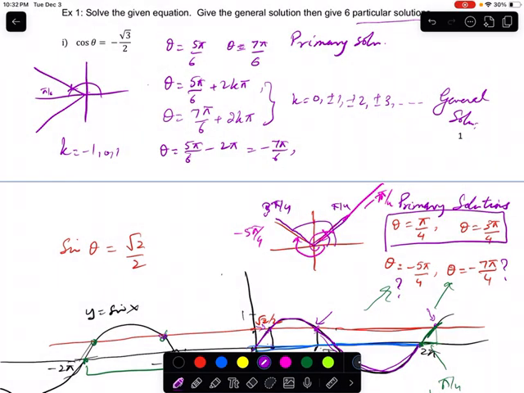When I plug in 0, I will get 5 pi over 6. And when I plug in 1, I'll get 5 pi over 6 plus 2 pi, which means 12 plus 5 is 17 pi over 6.